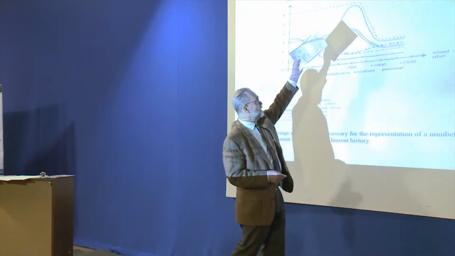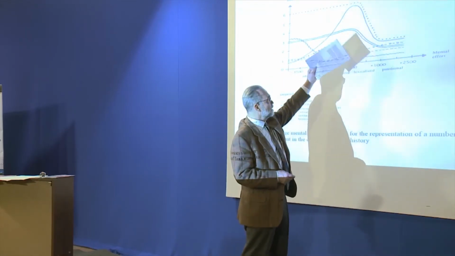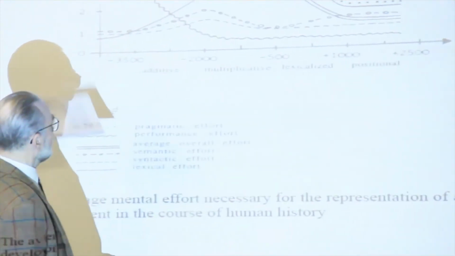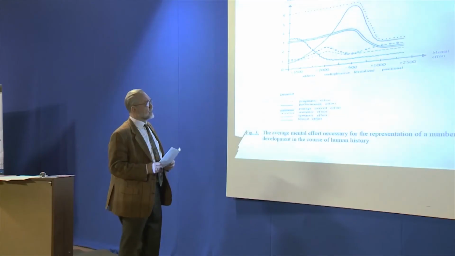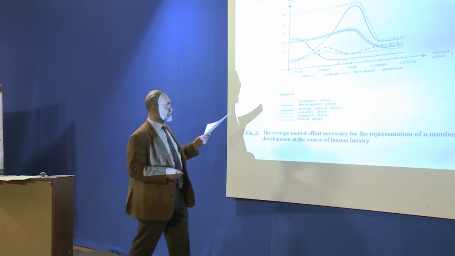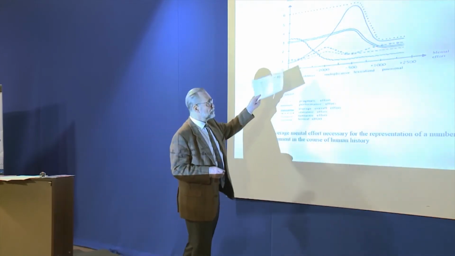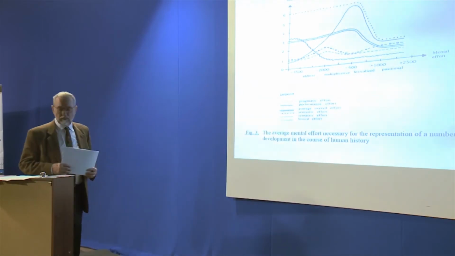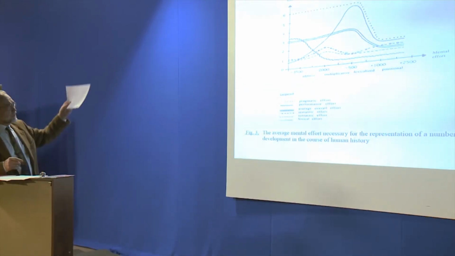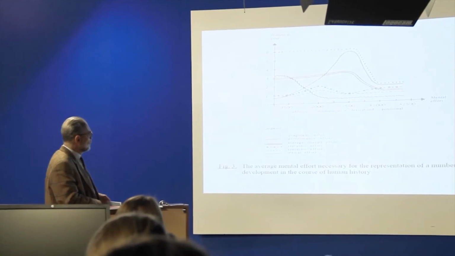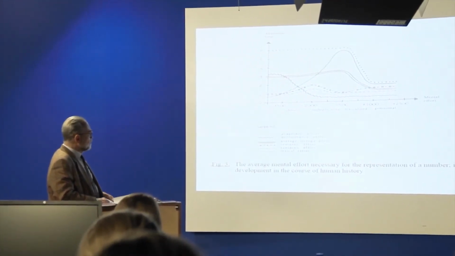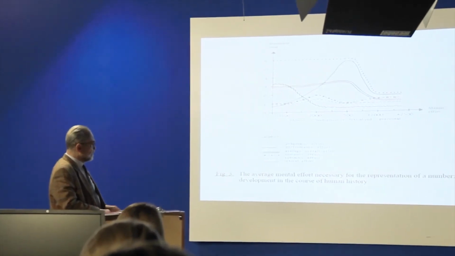So after the invention of the position system, these lines all go down. The so-called number of elementary signs gets less, and at the same time the number of rules becomes less complicated. So this is a schema which shows you the development of number representations in the last 5,000 years.